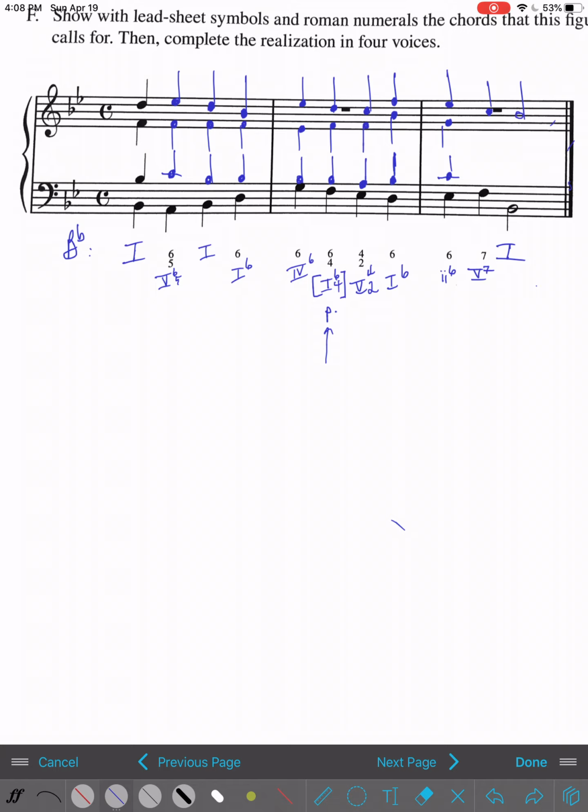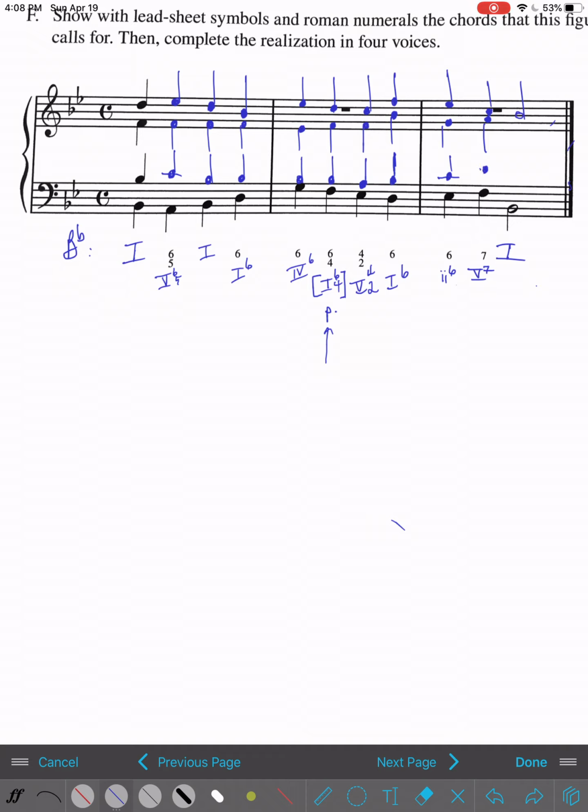Okay, next we've got our 7th here. So we've got to figure out a place to put our 7th, all right? So what do we have in the chord already if we look? We've got a C, so that's a 5th. We need the leading tone and we need the 7th, okay? So we could take the leading tone up here. It's just fine.